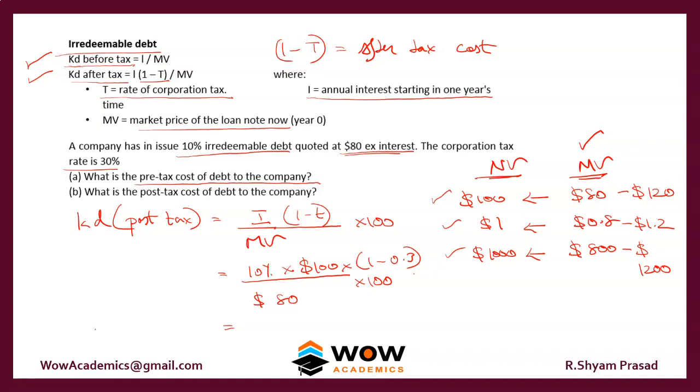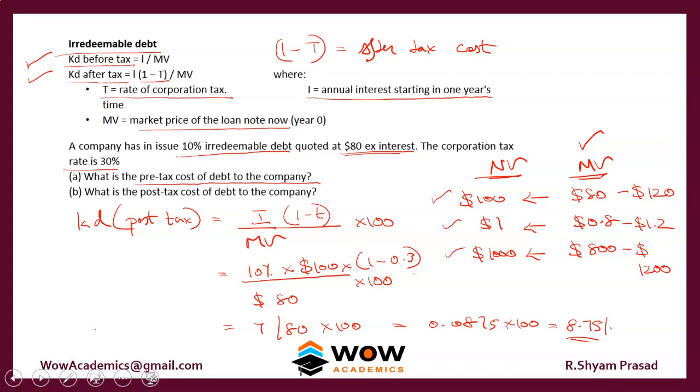Now we'll solve. The numerator now becomes 7 divided by 80 into 100. So the answer will be 0.0875 into 100. When we multiply, we get 8.75. So that's the post-tax.